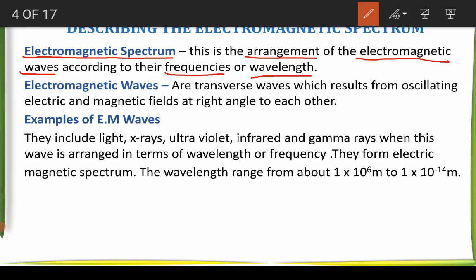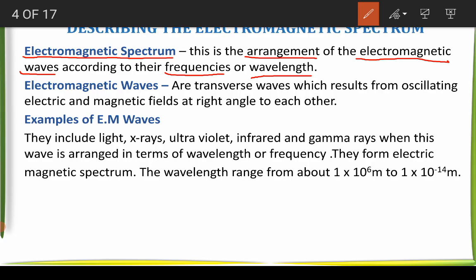You can also arrange them in order of increasing or decreasing wavelength. Remember, wavelength is simply the distance between any two successive identical points of a wave. It can be the distance from one crest to the next one, or from one trough to the next one. That's called the wavelength, measured in meters.